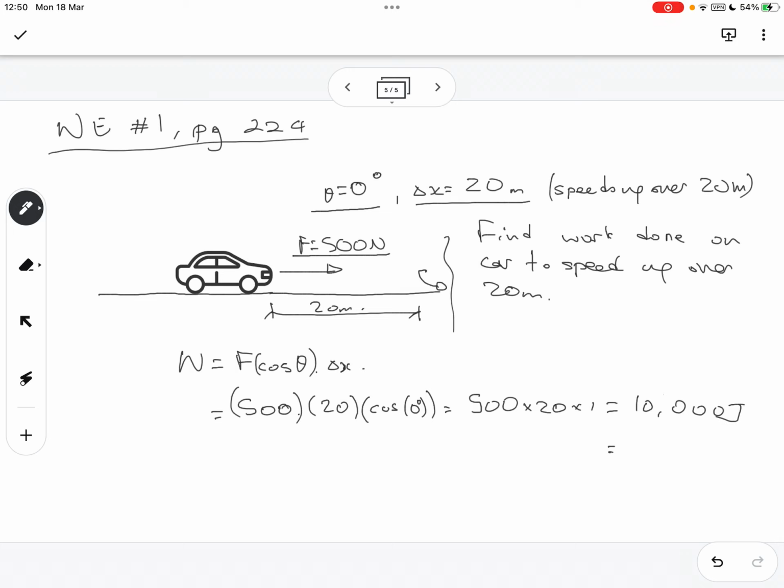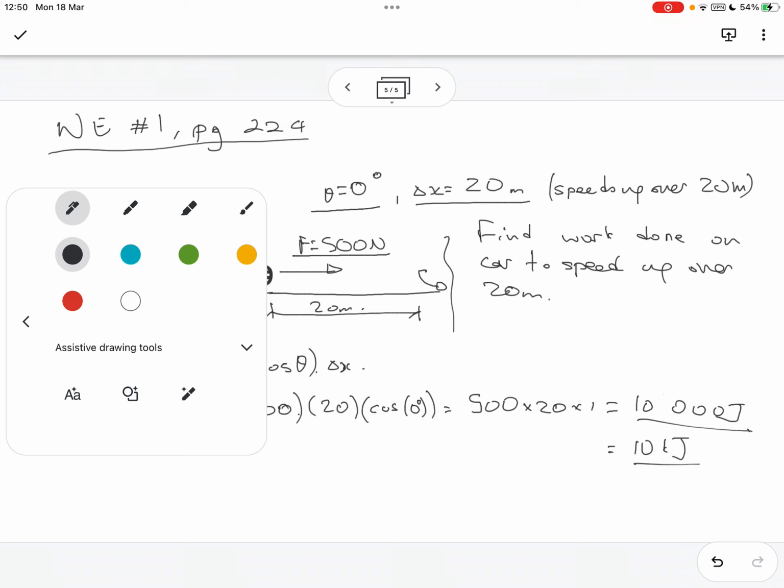But it kind of separates the thousands, the millions, so you can see. Let there be space between the first part and the second part. So 10 kilojoules, 10,000 joules.